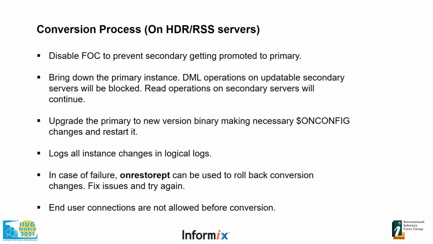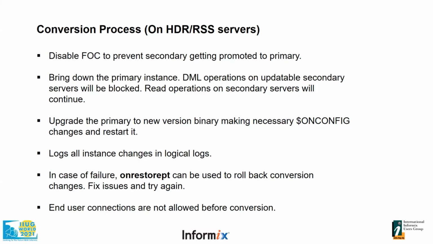And all those things will be logged in the logical logs. So one thing I missed telling is you need to make sure that you have enough space for your logical logs before starting this process. So once you start your primary, the conversion process will log all the process in the logical logs.